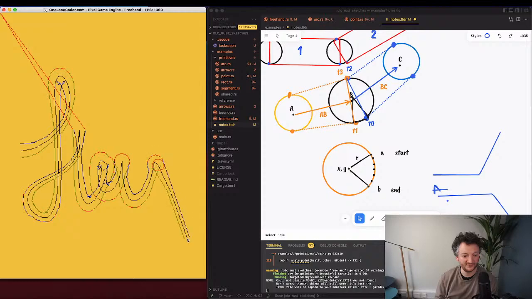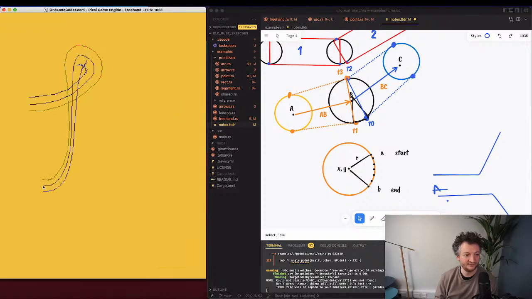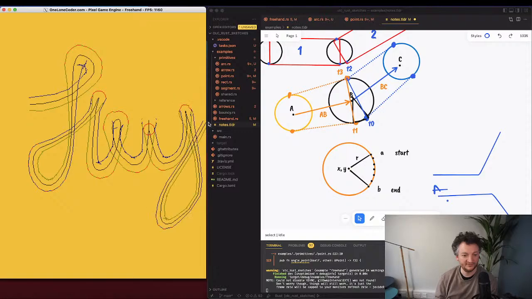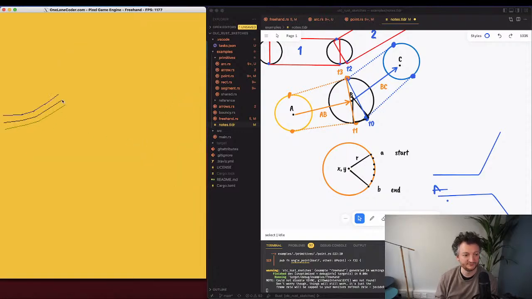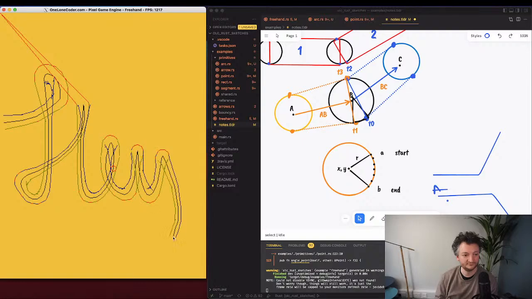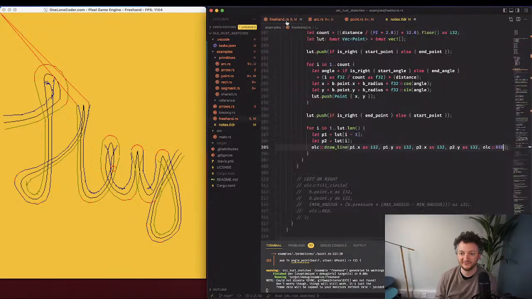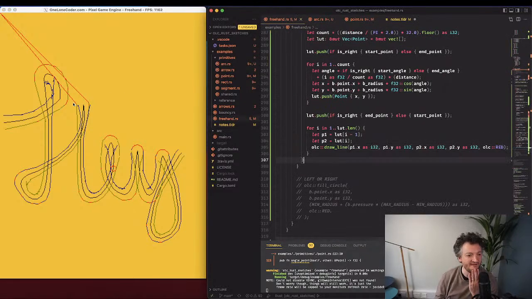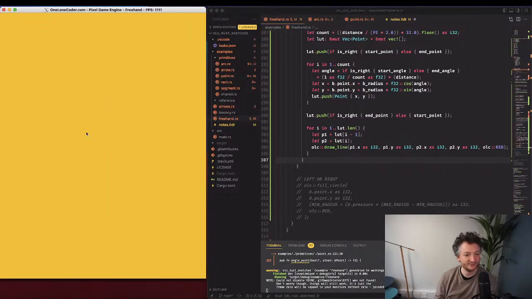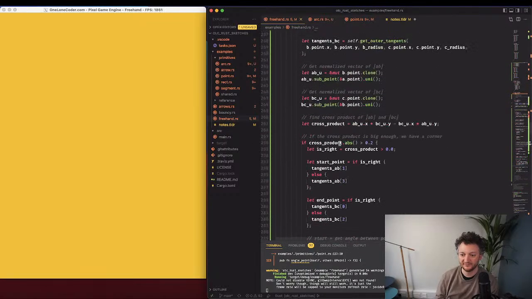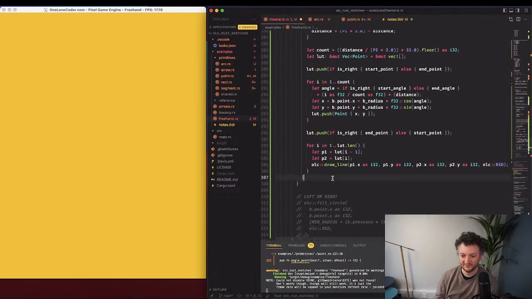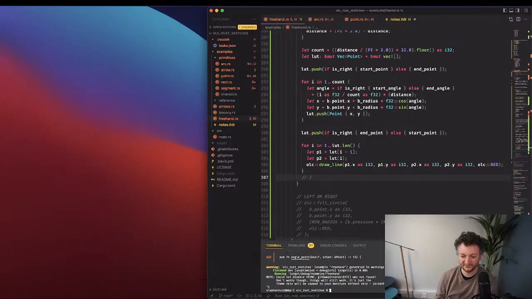Let's see if I can get that to go again. Yeah, that's interesting. So some of these are producing not so great of a result there. I wonder why this one misses. What if I get rid of this? We're always drawing it, whether that still happens.